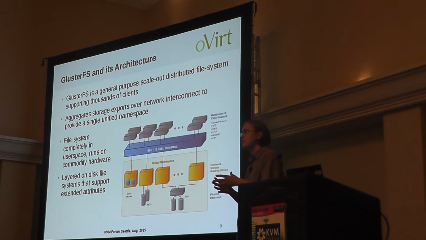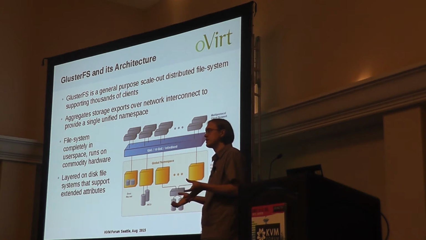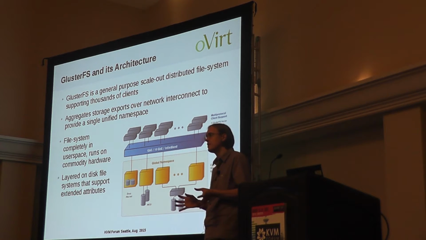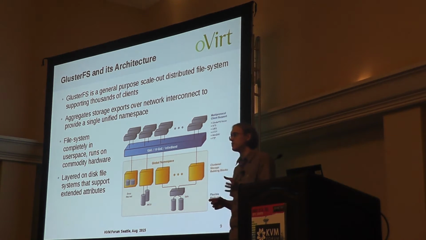Basically, the volume has some properties that control where the data are placed on the bricks. So you can have a copy on every brick, you can have a copy on some of the bricks, you can stripe, so you can multiply the amount of free space you have. But that's the same as, I think, RAID 0 when you basically stripe. If any of those bricks goes down, you lose the whole file system. So you can select that, and that's how it works.